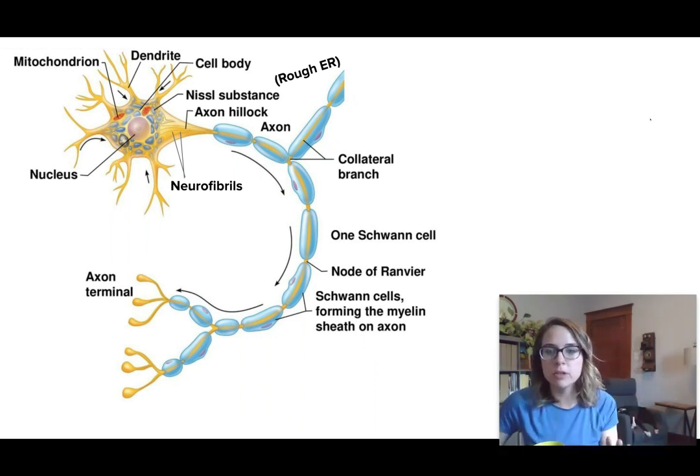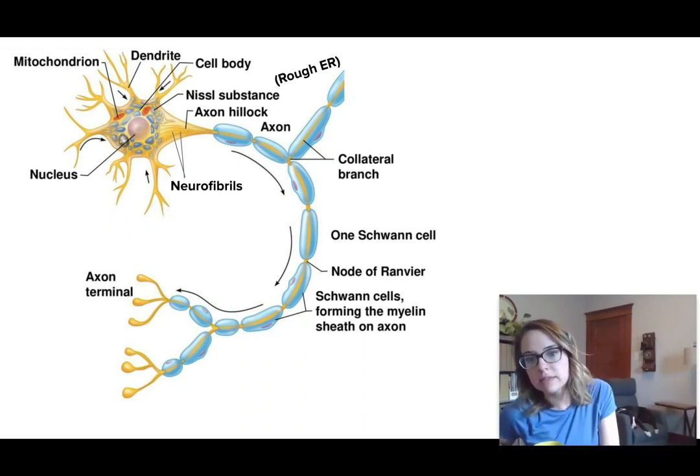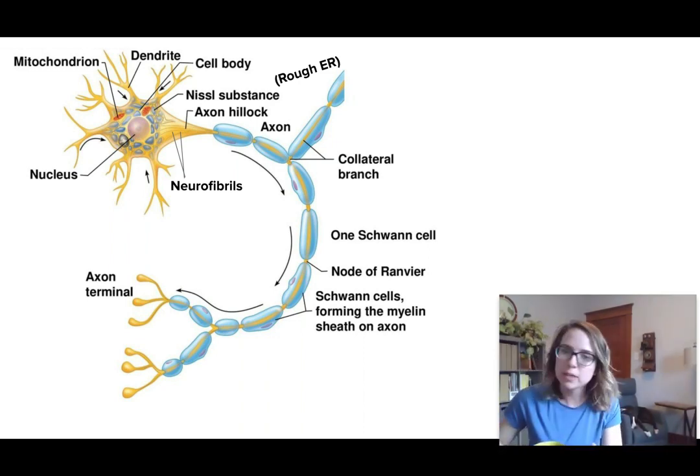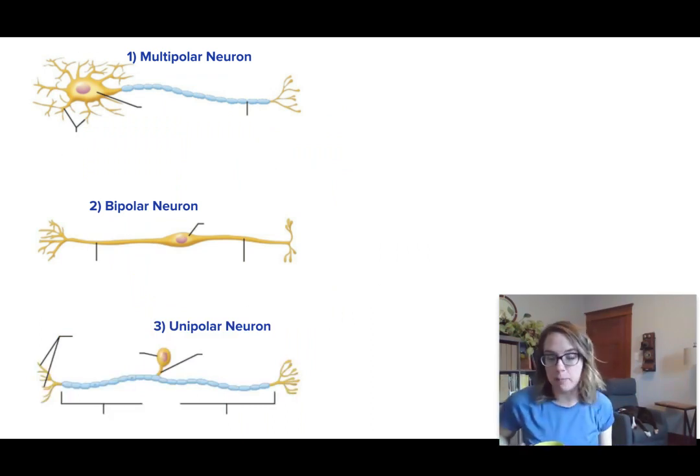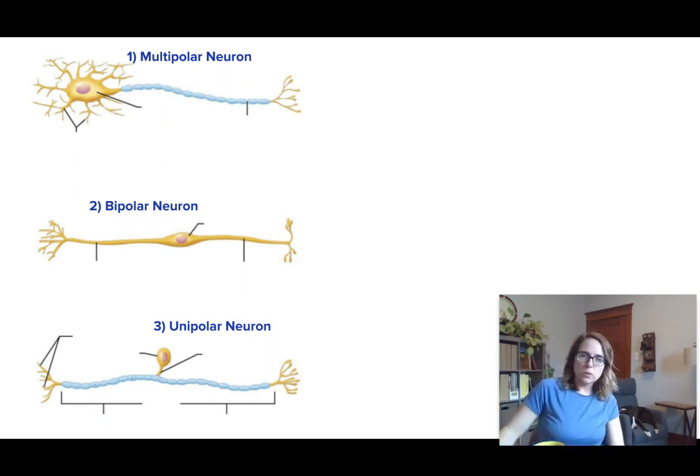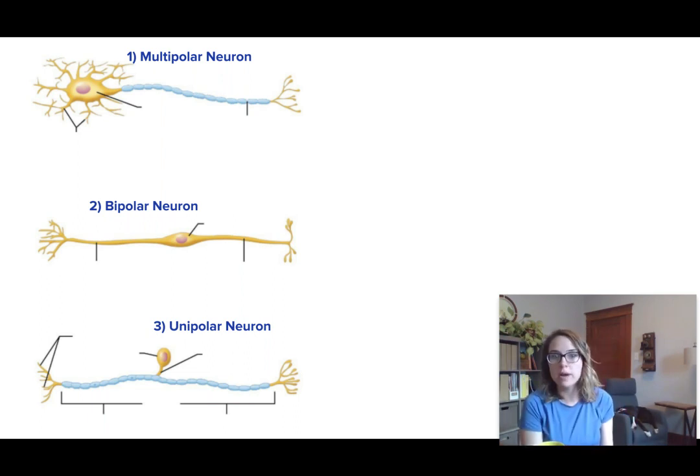All right. So this is a simple neuron, the most common one that you'll see, but there are different types. And the picture underneath is showing our 3 different types of neurons, and they have different jobs and functions in our bodies. So do include the number. That'll come into play here in a minute. So we have the first one at the top. We're going to call it neuron number 1, a multipolar neuron.